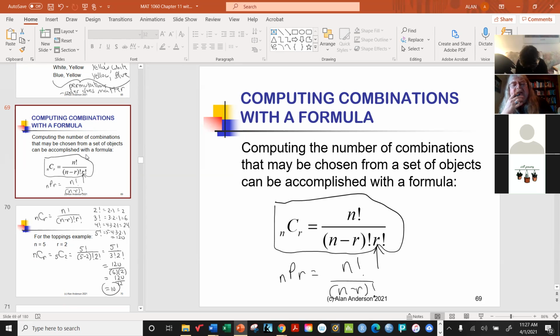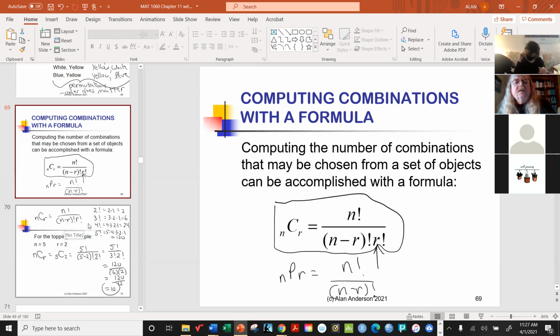Then we're going to go back to that Haagen-Dazs example and prove that the number of ways of picking 2 toppings out of 5, assuming none are repeated, comes out right. You don't pick 2 marshmallows, for example. Let's take a look.